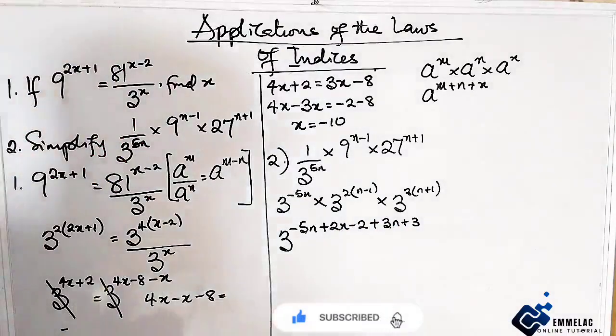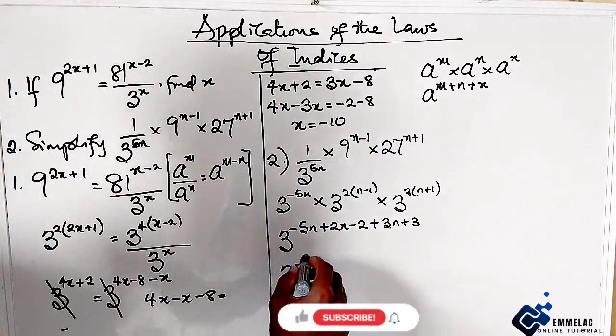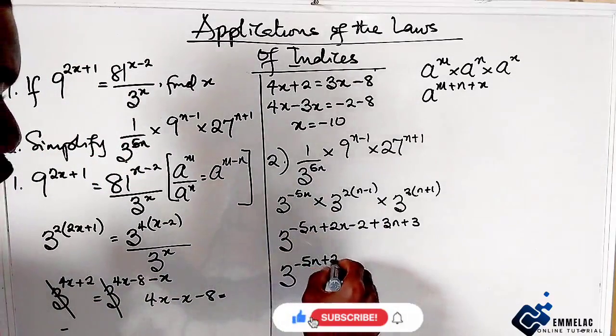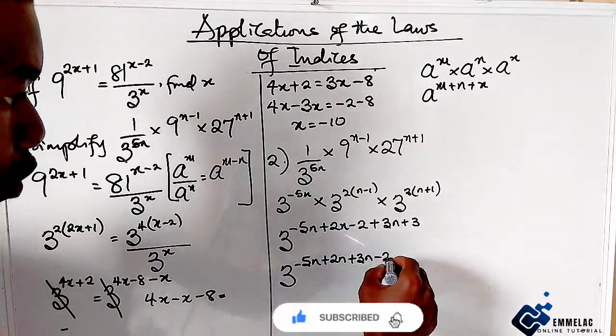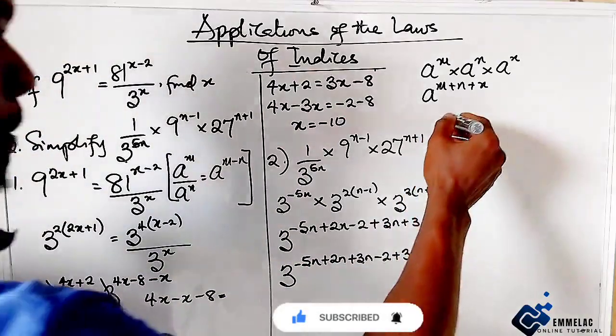With that we can collect like terms. So here we have 3 raised to the power of minus 5n plus 2n plus 3n minus 2 plus 3.